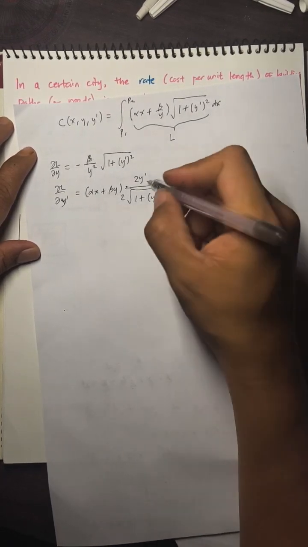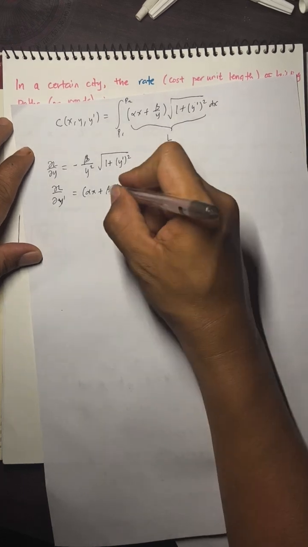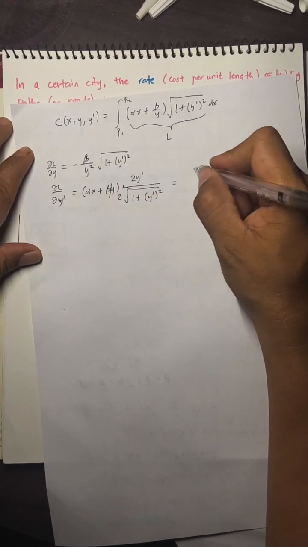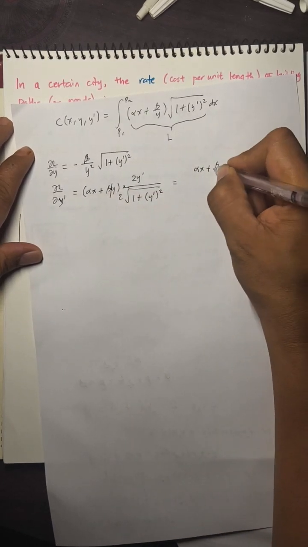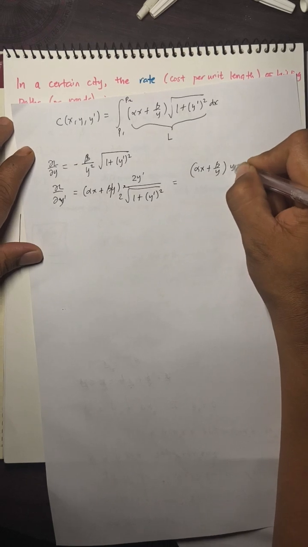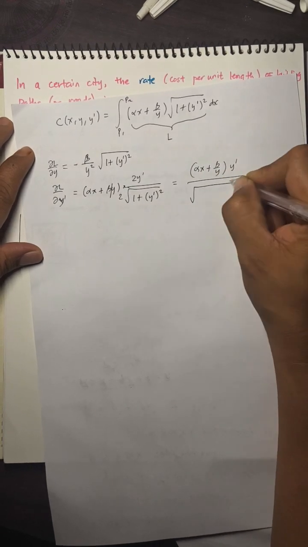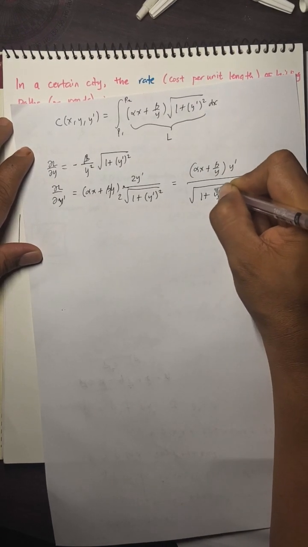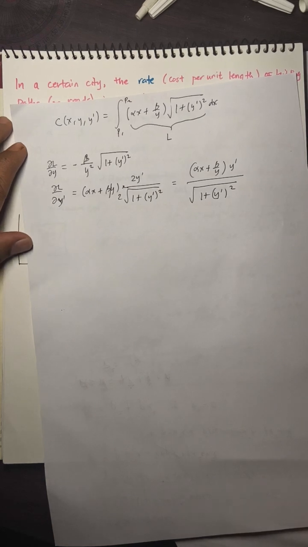So this just simplifies to alpha x plus beta over y times y prime over the square root of 1 plus y prime squared.